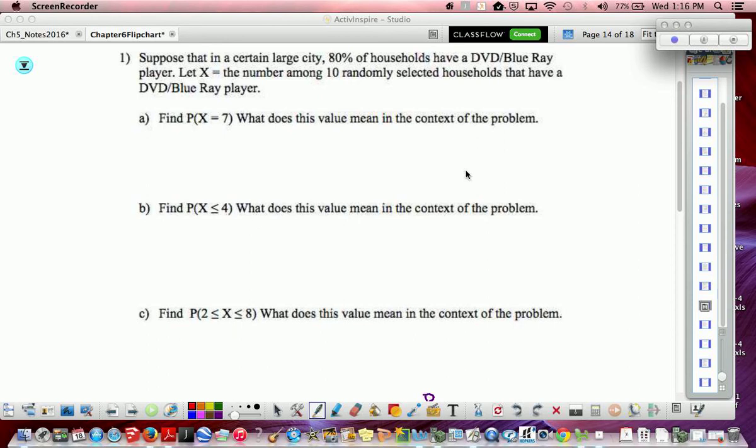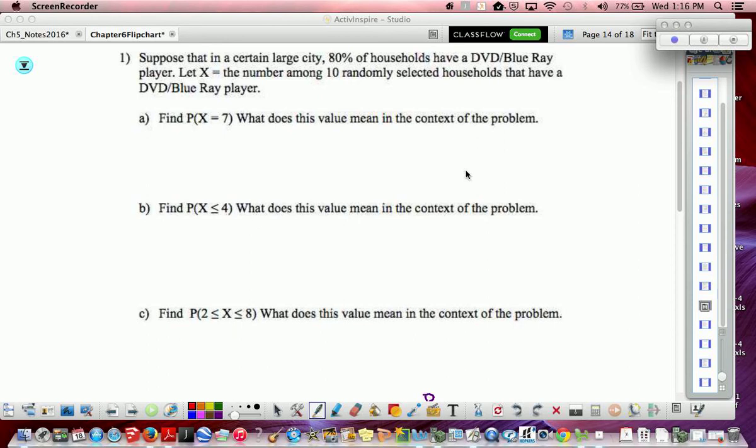So, in number 1, and really with all these binomial problems, one of the things that I do is in my mind run through the 4 steps just to make sure it is binomial. Number 1 says, suppose in a certain large city 80% of households have a DVD Blu-ray player. Let X equal the number among 10 randomly selected households that have a DVD Blu-ray player.